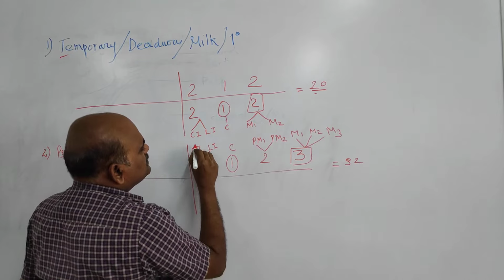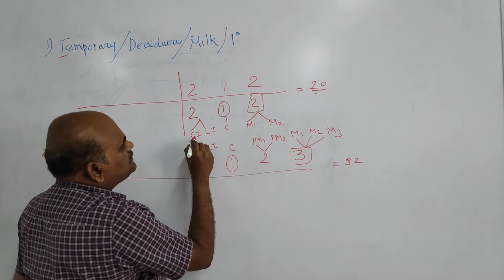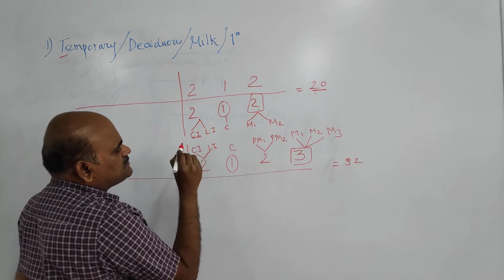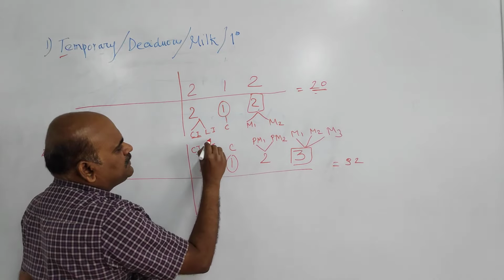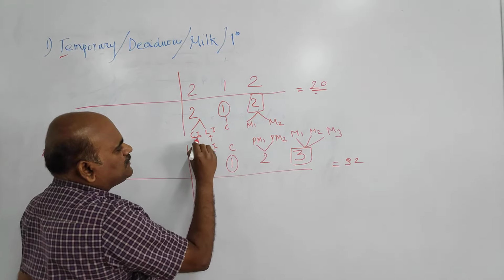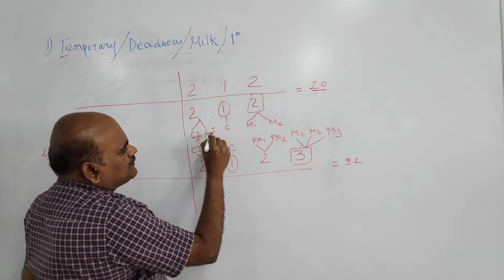The permanent central incisor will erupt replacing the corresponding temporary central incisor. Similarly, the permanent lateral incisor replaces the temporary lateral incisor. Again, the permanent canine replaces the temporary canine. Whereas the permanent first premolar replaces the temporary first molar.